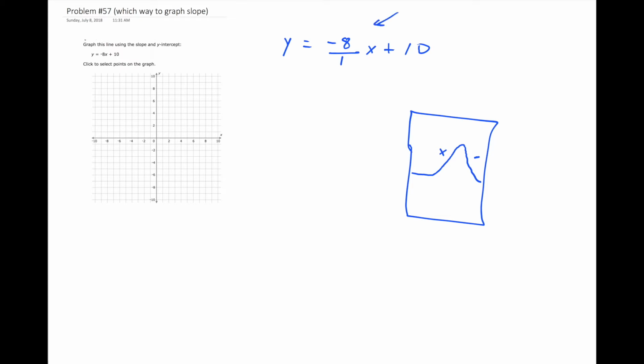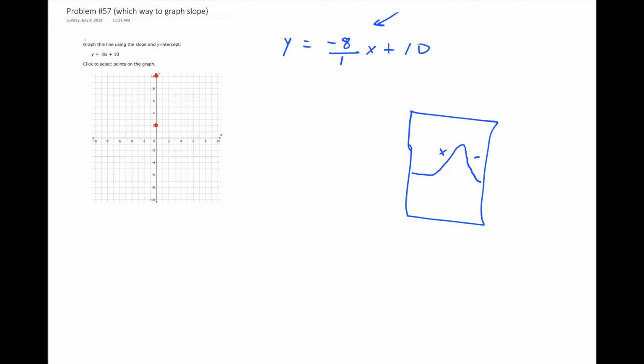Okay, so look, go to 10, which is right here. And what's your rise? Right, so you go down 8. 1, 2, 3, 4, 5, 6, 7, 8. What's your run? Positive 1 or negative 1?